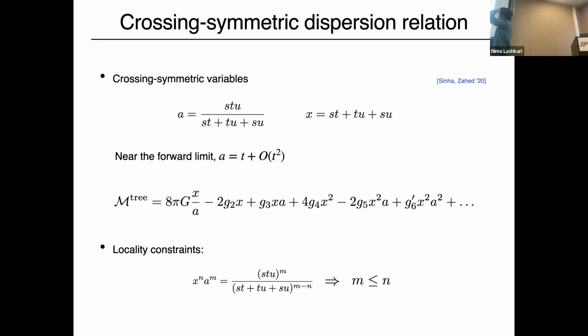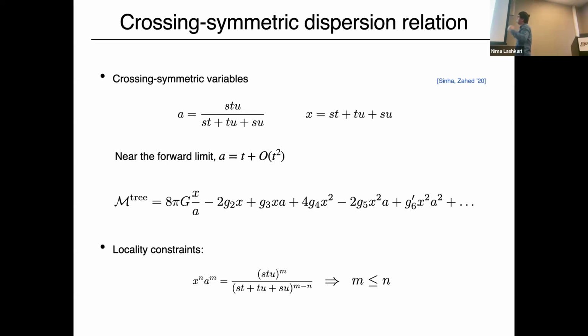And one thing I would like to point out is that near the forward limit, a is basically t. So when t is very small, a is basically t. So you can think of a as some crossing symmetric version of t, and it'll play a similar role as t later. And if you take a tree level amplitude, you can indeed write it in terms of these variables x and a.